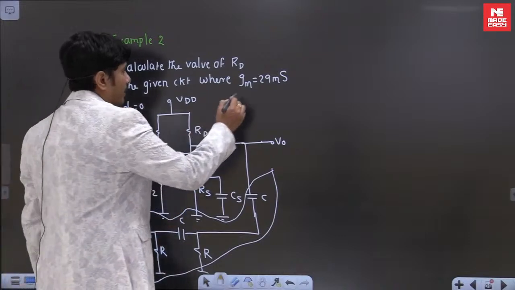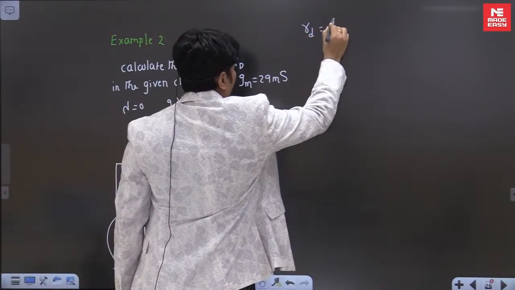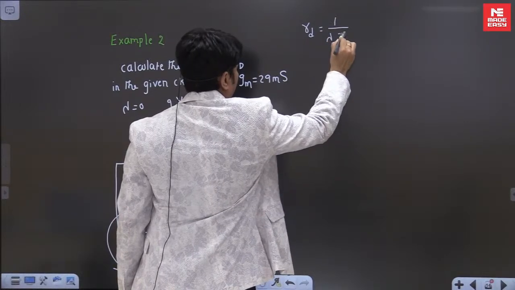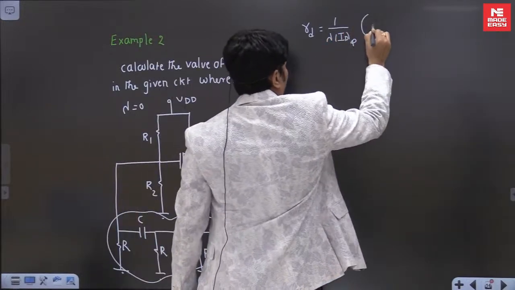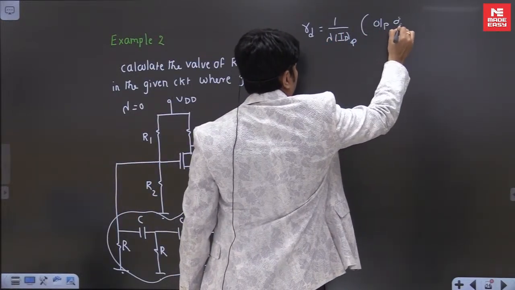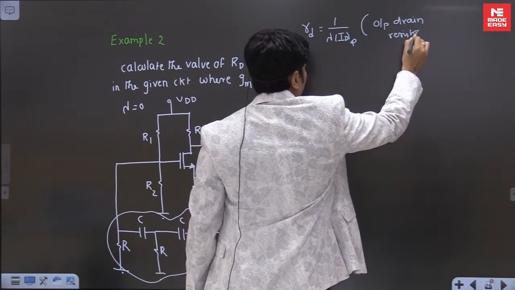So the lambda story here is that rd is equal to 1 by lambda times IDQ. This is the output drain resistance, the internal drain resistance.